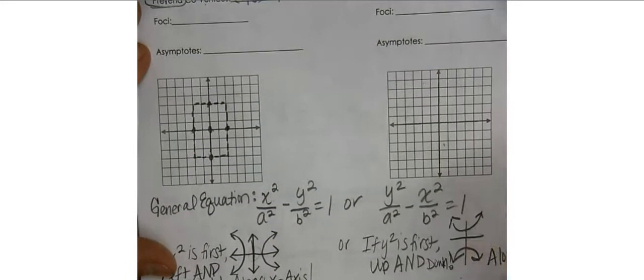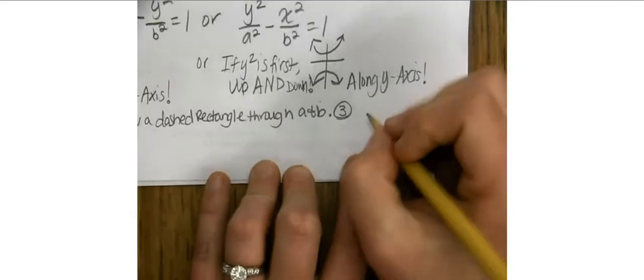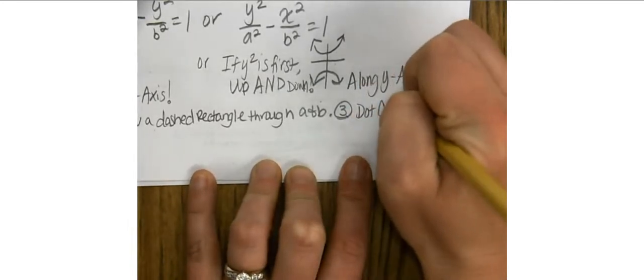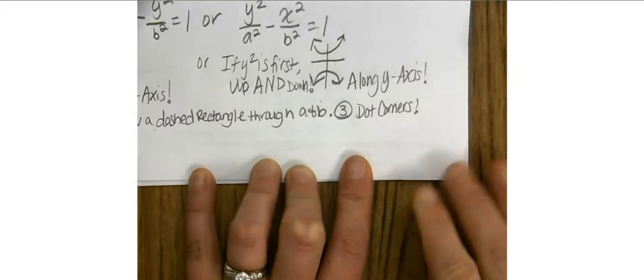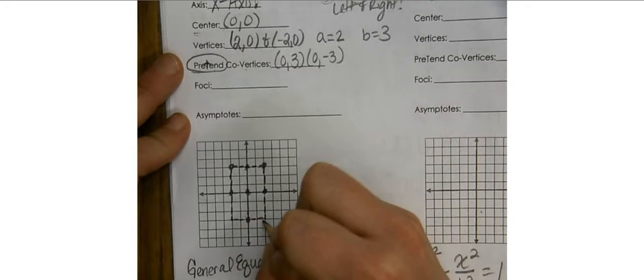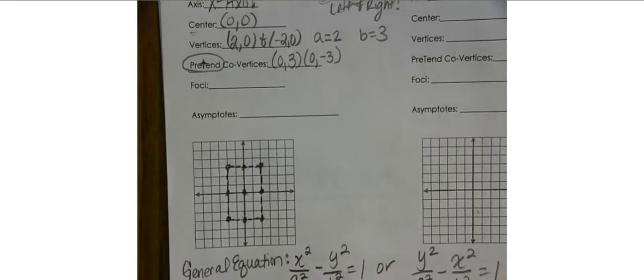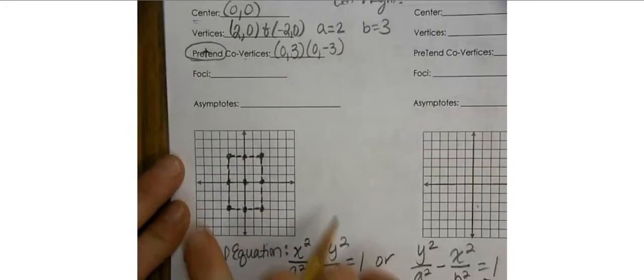Now that I have my dashed rectangle, step 3, I'm going to put points on the corners. So on the corners of my rectangle, I'm going to put points. All right, so now this is what our picture looks like.